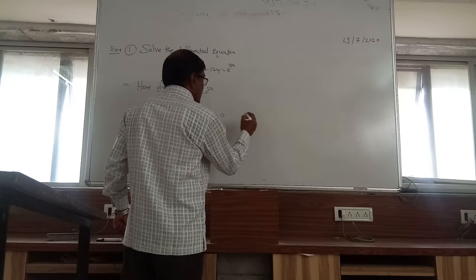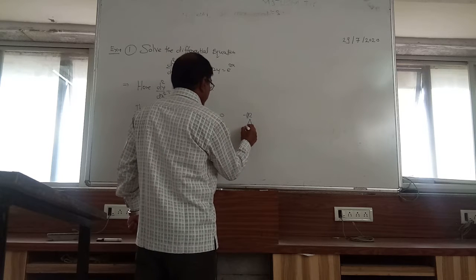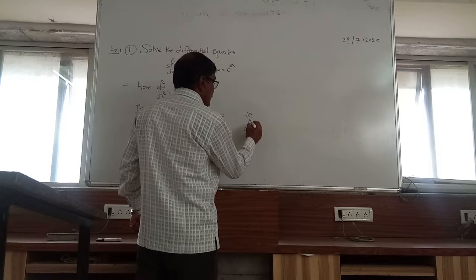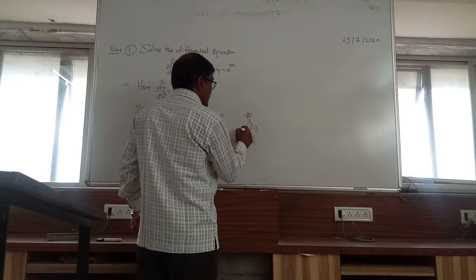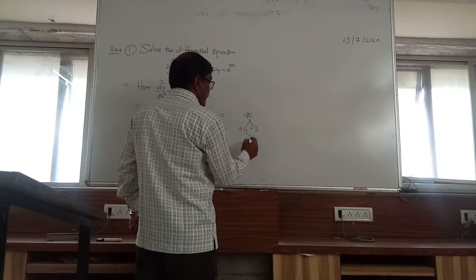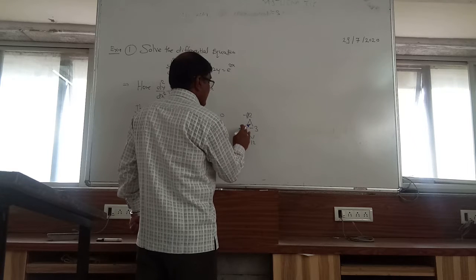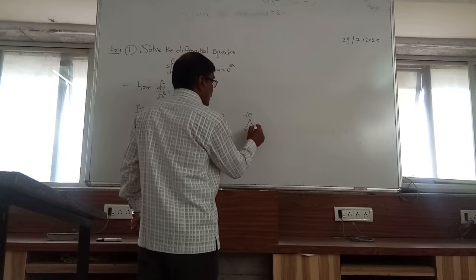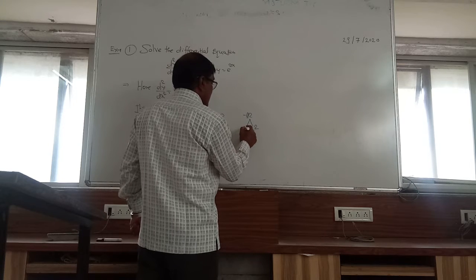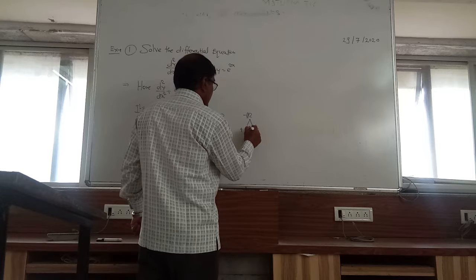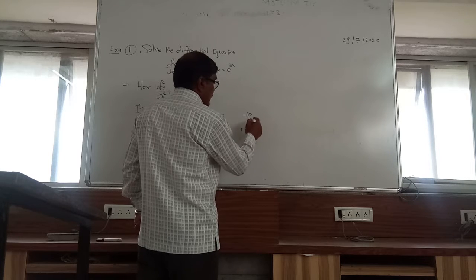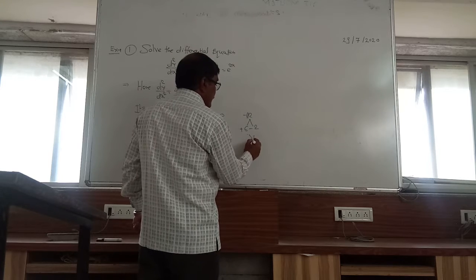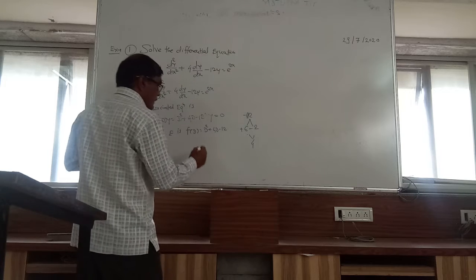The product of 6 and 2 is 12, and to get the middle term 4D, we take plus 6 and minus 2.